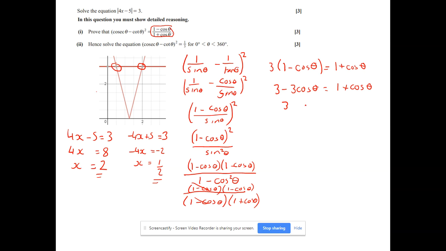So we end up with 3 equals 1 plus 4 cos theta, and take away 1, so we get 2 equals 4 cos theta, which gets you a half is equal to cos theta.